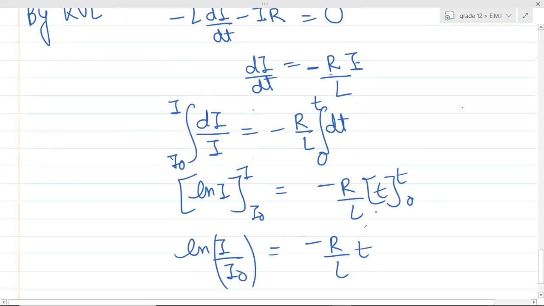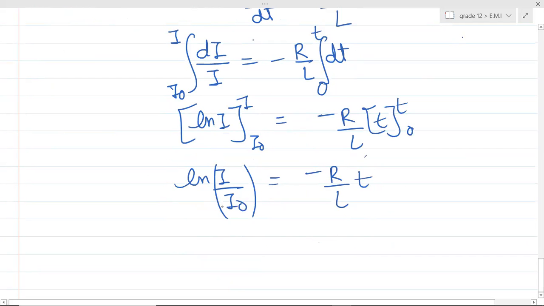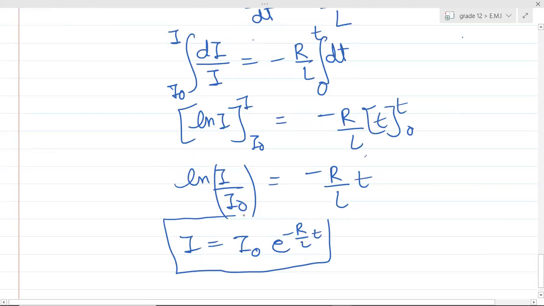I'll shift this over there, and it will become e to the power minus R by L into t, with I naught over there. Sir, this relation also looks similar. Is this the same as the charge relation during discharging? You remember RC circuit discharging: Q is equal to Q naught into e to the power minus t by RC.